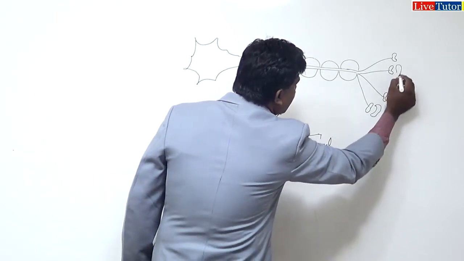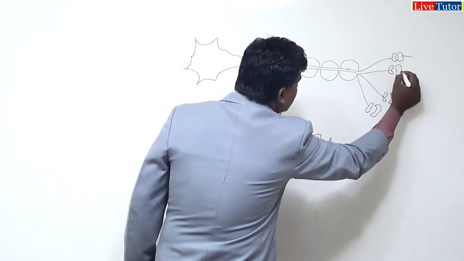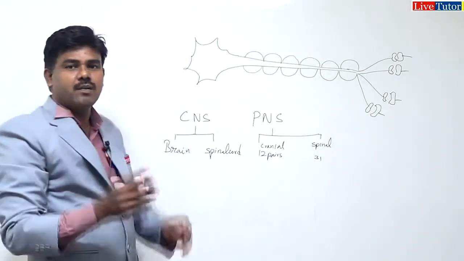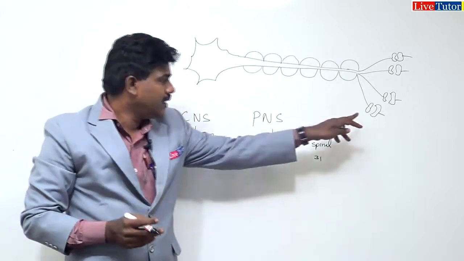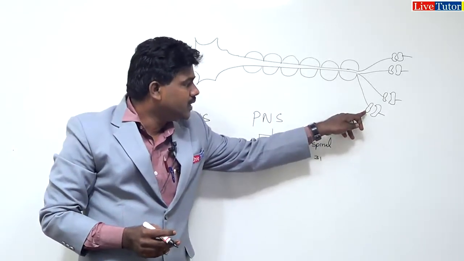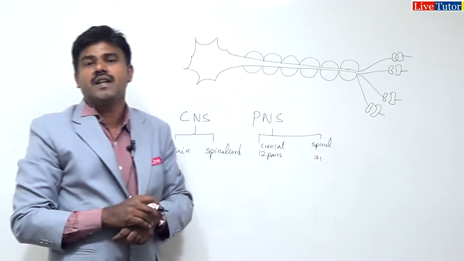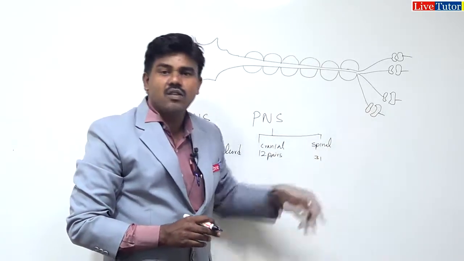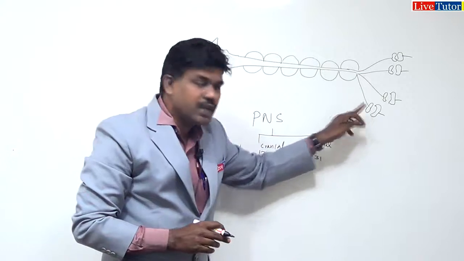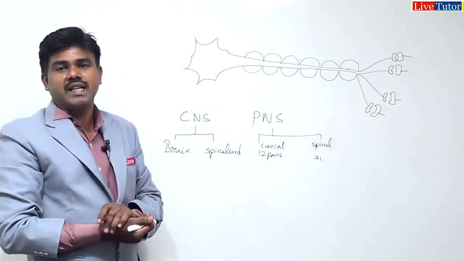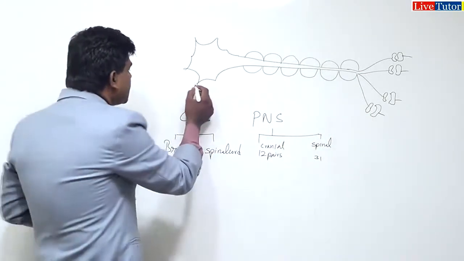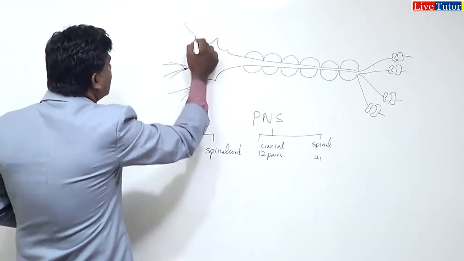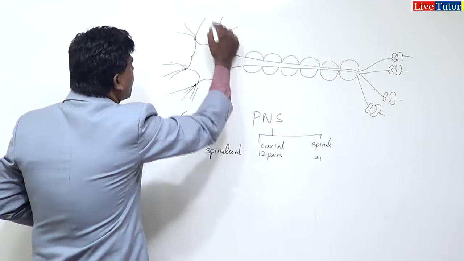There is a gap, called the synaptic cleft, a minute gap between the nerve ending and the next dendrite. The entire thing is called a synapse. Then the dendrites. So this is a multipolar neuron.